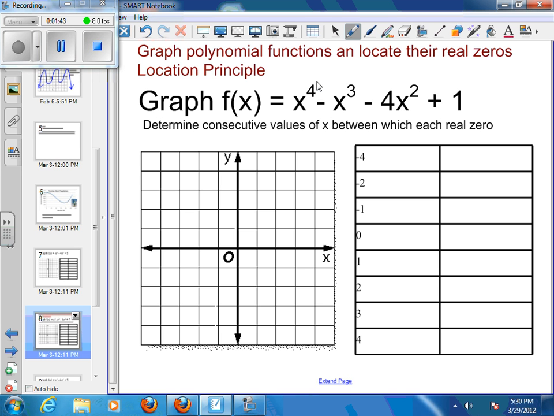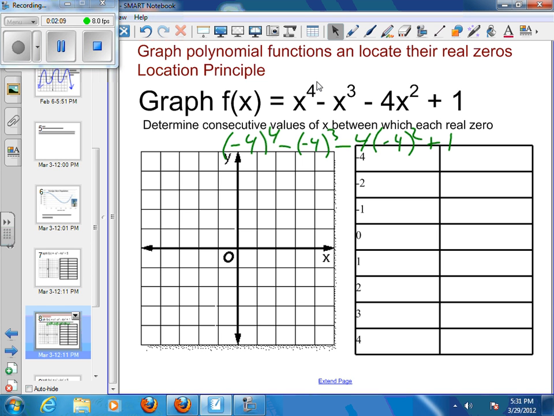So let's start out and plug the -4 in. So that's going to be -4 to the 4th power minus -4 to the 3rd power minus 4 times -4 squared plus 1. We're not going to graph with a calculator, we are just going to plug that in and find out what that answer might be.